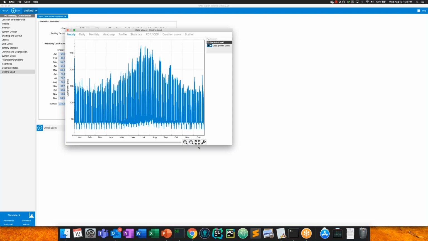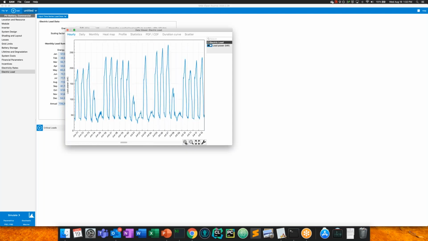And then when we look at the load, we see there's definitely a diurnal pattern and some variation in the peak on a monthly basis. So this means the peak shaving algorithm can try to level out these peaks and reduce our demand charges.